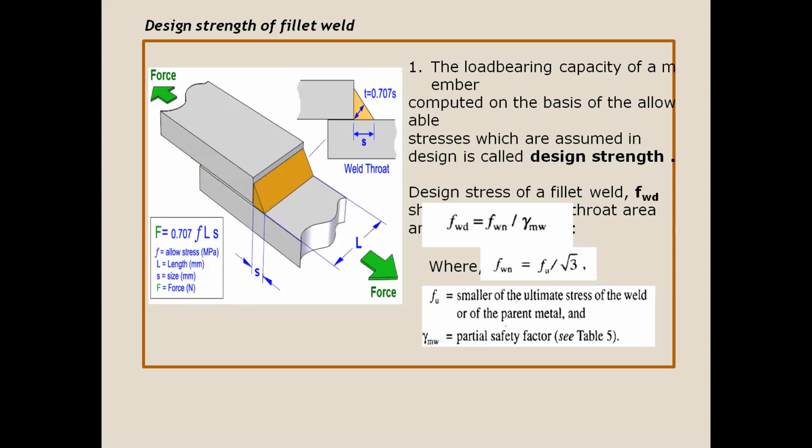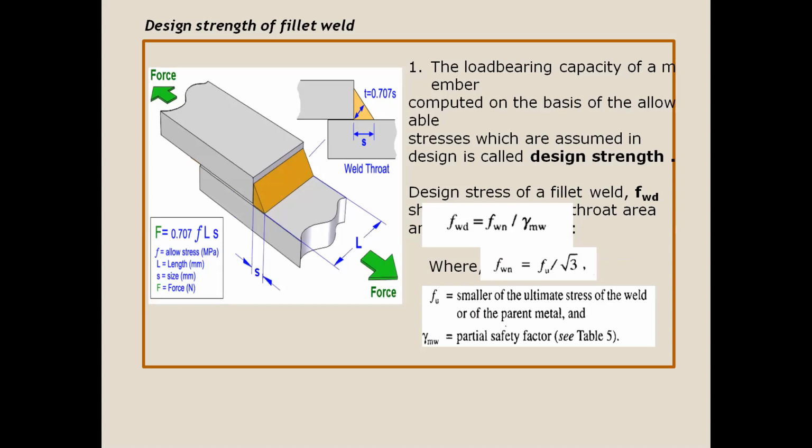See table number 5. You have to take the partial safety factor. That is the ultimate strength fu of the given material or any plate.